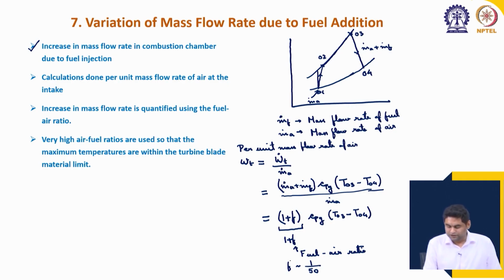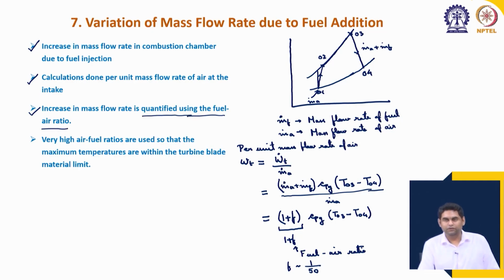This we can calculate, as we will see later from combustion chamber calculations doing energy balance, and this additional mass flow rate needs to be accounted for in the calculations. So, calculations are done per unit mass flow rate of air at the intake. For that, the increase in mass flow rate needs to be quantified using the fuel air ratio. Fuel air ratio is F.